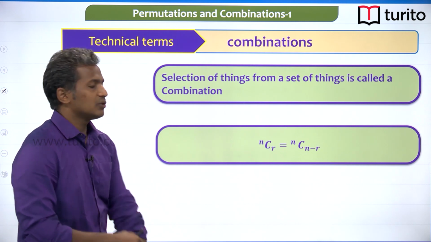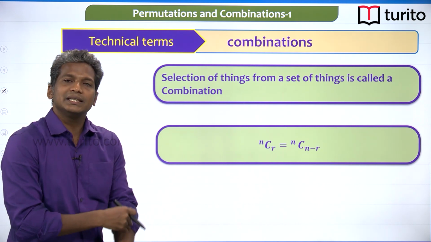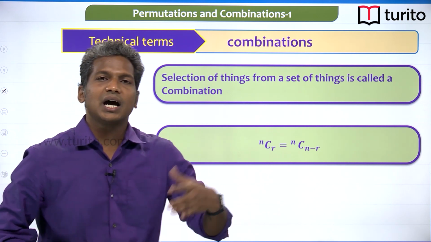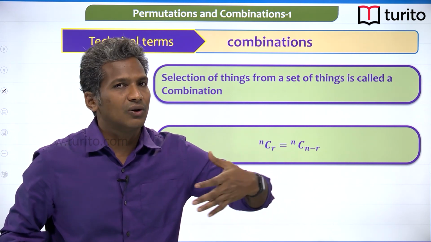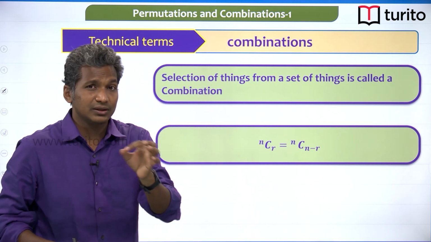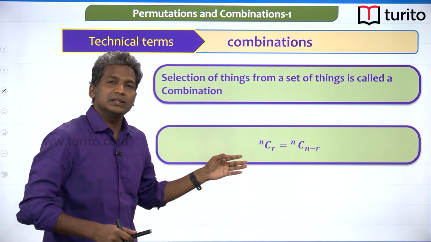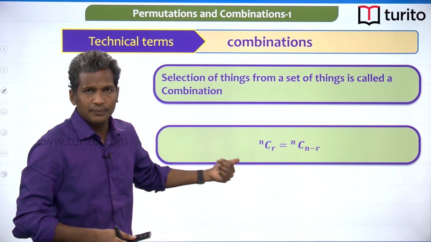Now let us try to understand the idea of combinations. So combination is basically selection. So selecting R objects from n objects is called as the combination, but you have understood the main logic of the division, that is the main part, okay. And what is generally the definition of NCR?